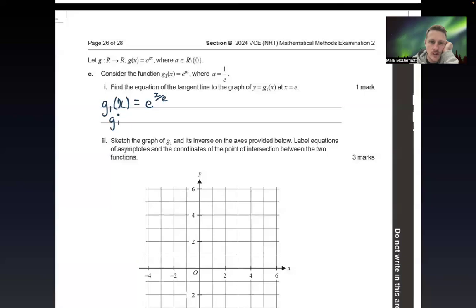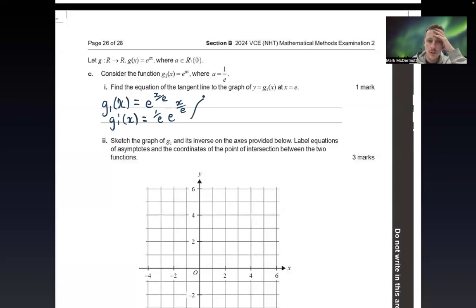So g1 dash of x, you can use your calculator here to take the derivative, but hopefully you know that's going to be 1 on e times e to the x on e. Bring the coefficient down, right?